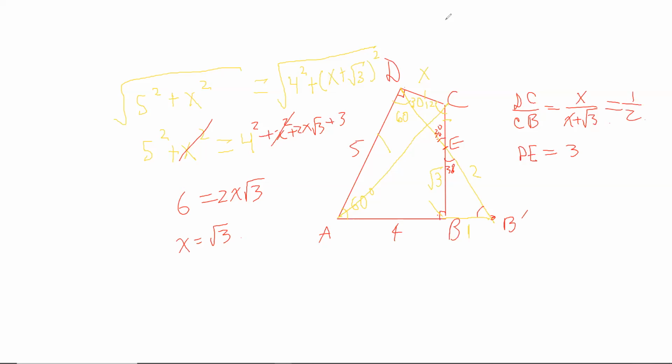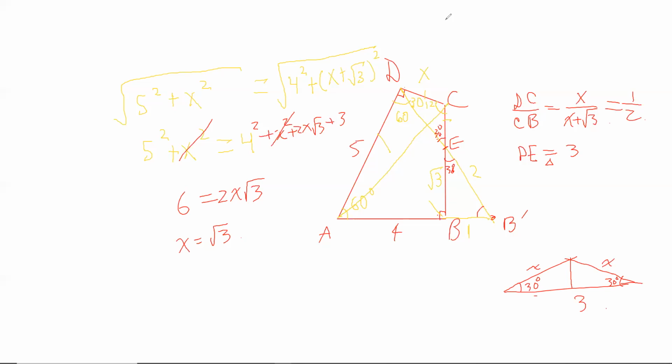Do you see that? Okay, so now you get this triangle, right? This is 3 here, and this angle is 30, yes? This is 30, right? And this is x.